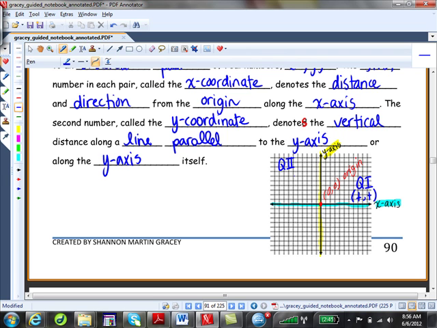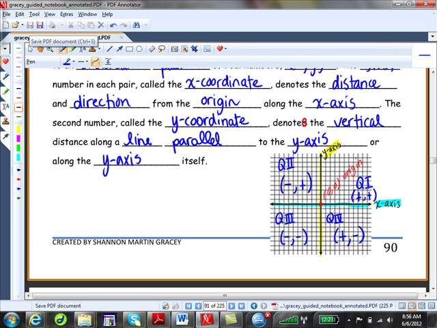So quadrant 2 is going to have what kind of sign on the x-coordinate? Good, negative. And a positive y. Quadrant 3, you're moving left and down, so good, we'll have a negative and a negative. And quadrant 4, we have rightward movement, so we're positive on the x-coordinate, but we go down from the origin, so we're negative. And that's the setup of the rectangular coordinate system.